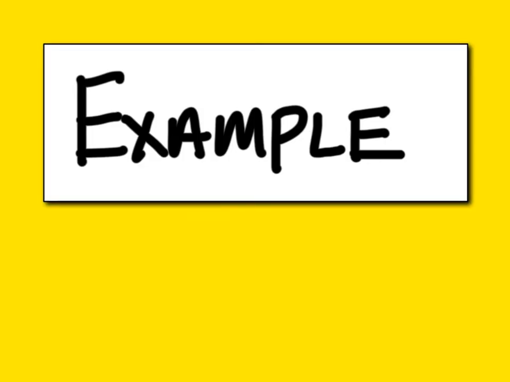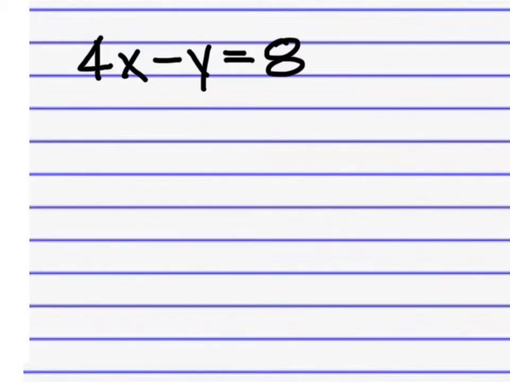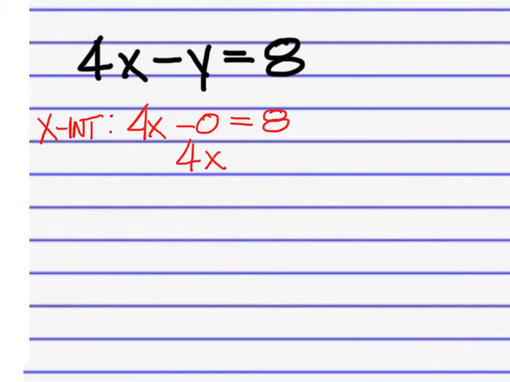Here's another example. 4x minus y equals 8. We want to find the x-intercept first. To find the x-intercept, what variable do I plug 0 into? Y. So I will have 4x minus 0 equals 8. 4x minus 0 is just 4x.